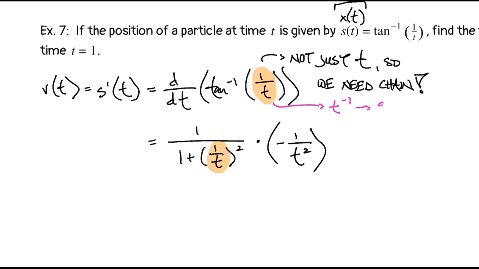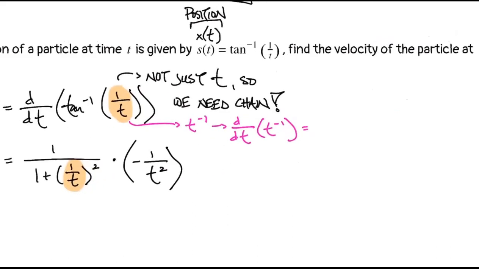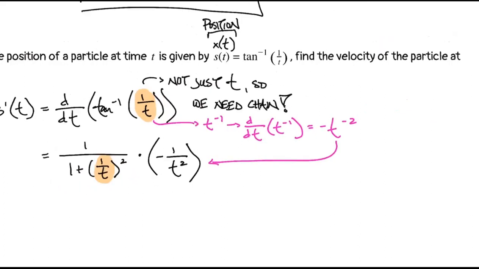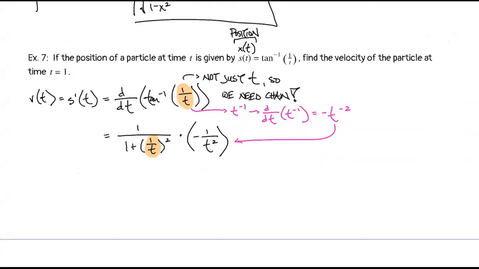And when we take that derivative of t to the minus 1, we end up with negative t to the negative 2. And then we write it like negative 1 over t squared. Okay. So some of us, I think, would really benefit from taking the time to write out that part, all right? Just to convince yourself, okay, I know where these come from. I'm not just looking at someone else's work and saying, I don't know, let me just write that down, okay?